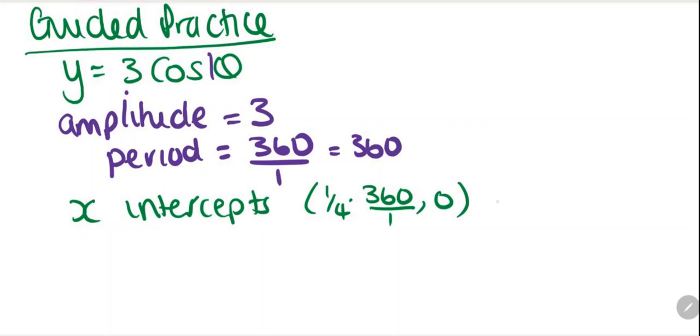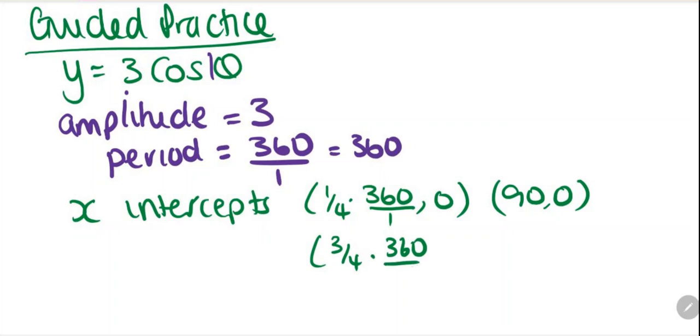So this is going to be a quarter of 360, so 90, 0 is the first. And the second intercept for cosine will be at 3/4 of 360 divided by b, which is going to be at 270. So our graph will cut the x-axis at 90, 0 and 270, 0.